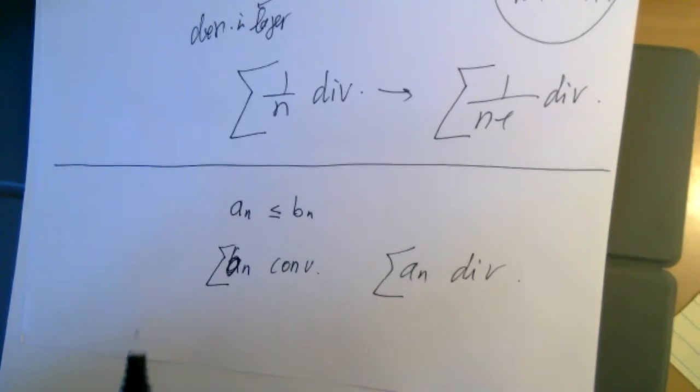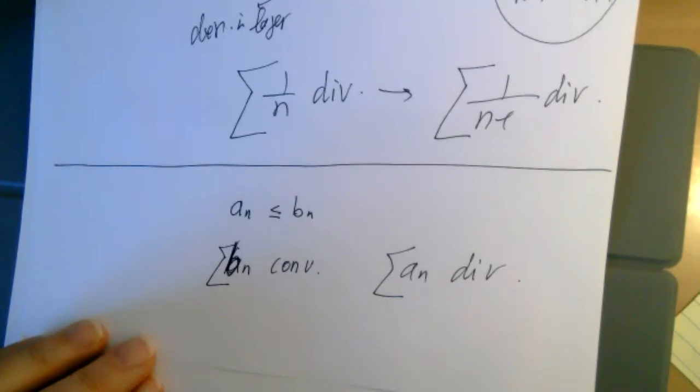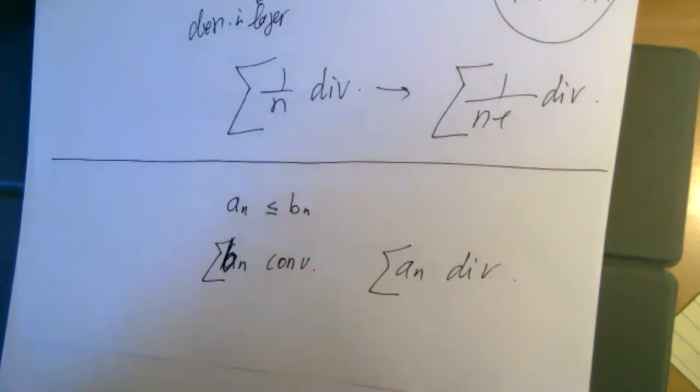Of course, we don't want them positive because then that would be nonsense. The larger converges, the smaller diverges. Who can think of a very straightforward example?